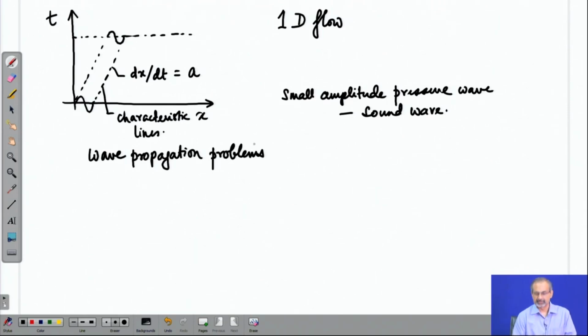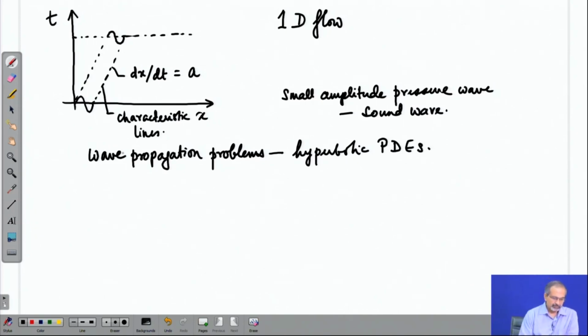In a mathematical sense, they belong to the family of hyperbolic partial differential equations. We said that characteristics can be moving either along the positive x direction or the negative x direction, and therefore, there are two families of characteristics which are possible.